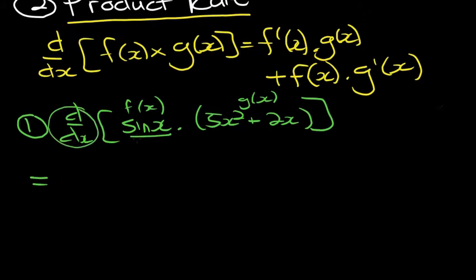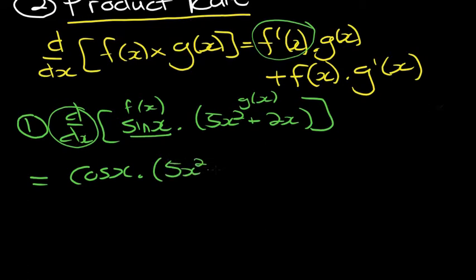Okay, now when you start differentiating, you get rid of that notation. So first of all, we need to get the derivative of sine x, and that is just cos x. So you put the cos x there, and you keep the g(x), and then you add the original f(x), the sine x, which you just keep there.